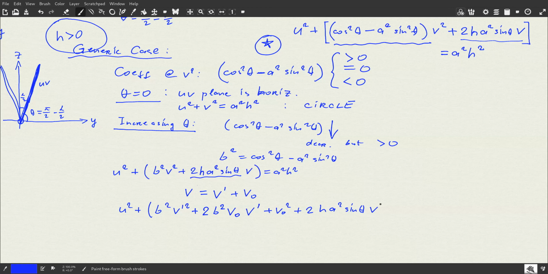So the question is whether it is possible that this coefficient will become negative. No, it will not. We'll see by expanding it. You can do it by yourself, because b is actually this form, so you will see that the right hand side is still going to be positive in this case, and that way we got rid of our linear term, and obviously we got an ellipse.